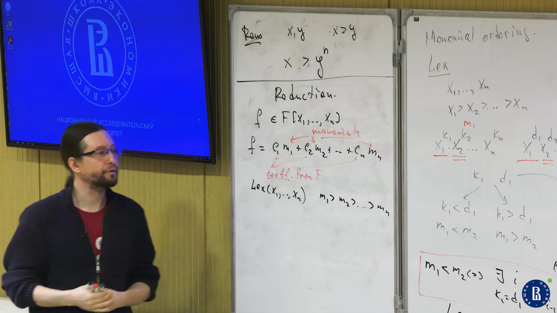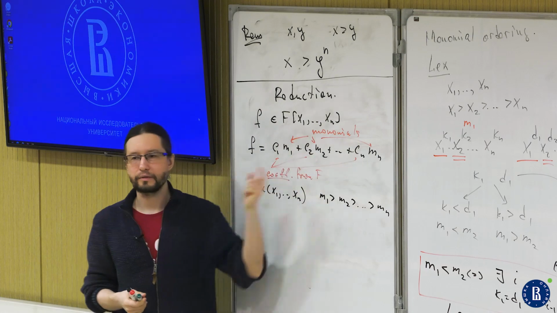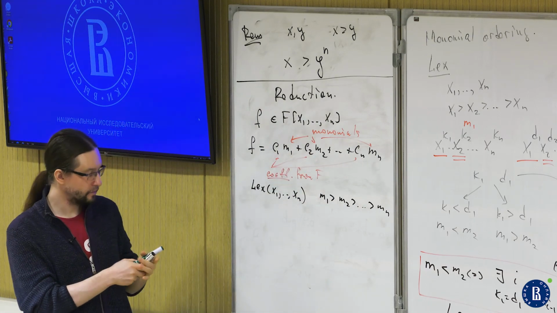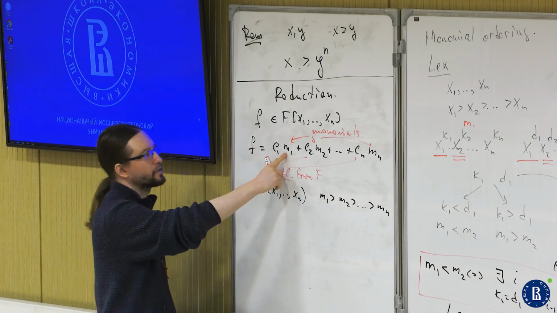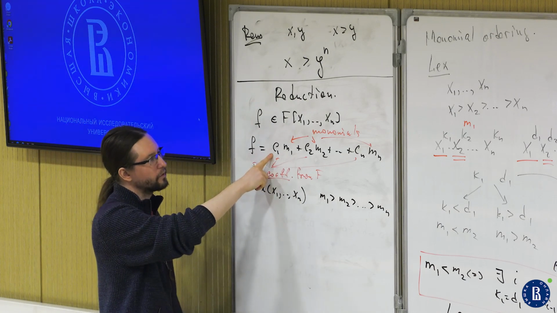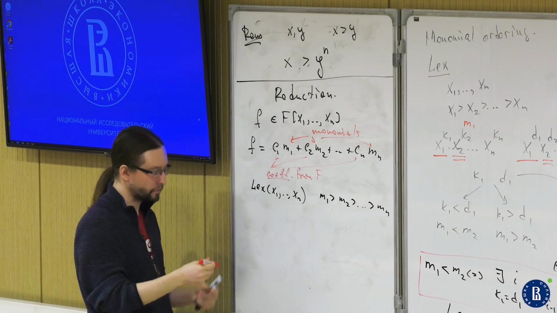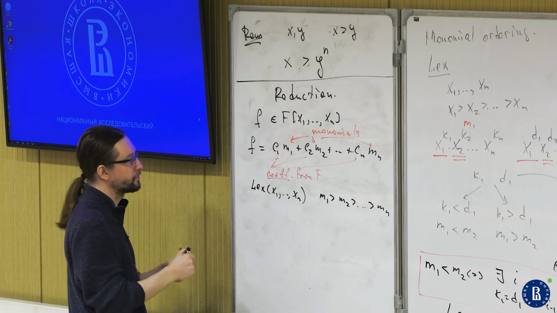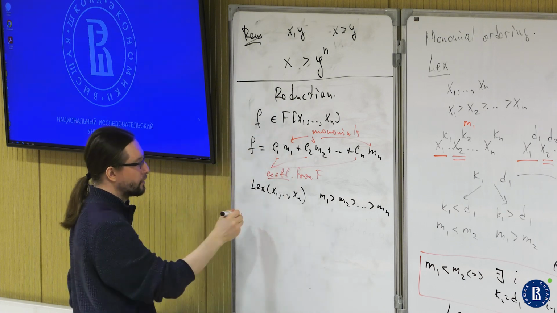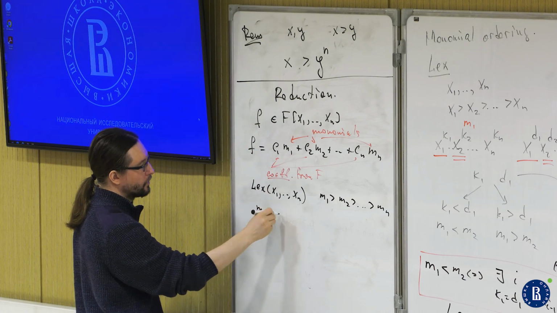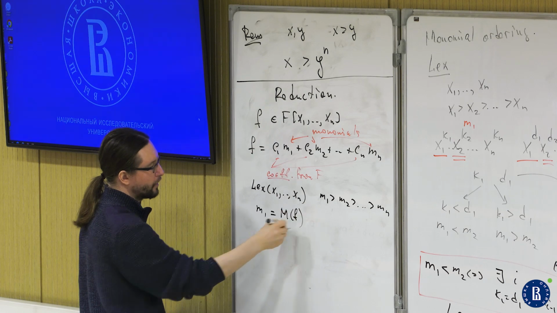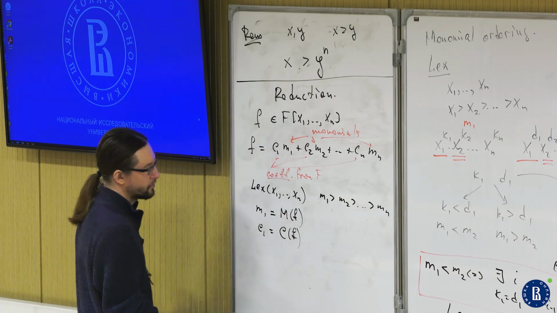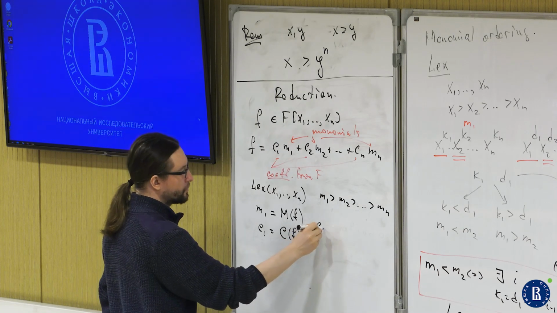So we can rewrite each polynomial in this form. Okay? Now, in this case, this is the highest possible monomial, this is the highest possible coefficient, and this is the highest possible term. We have a specific notation for this. So m1 is just m of f, the highest possible monomial. c1 is c of f, the highest possible coefficient.